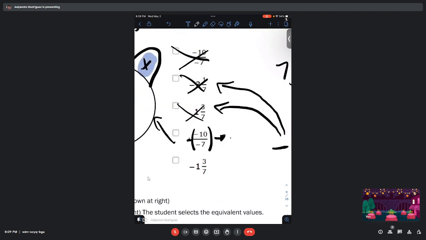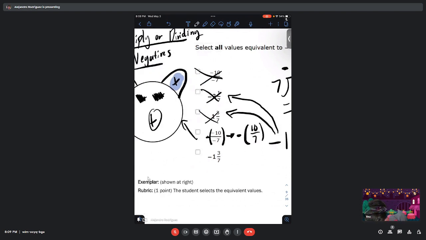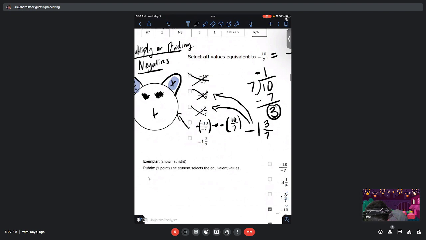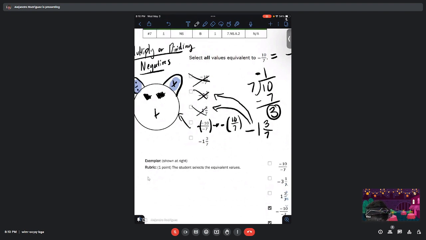So I got negative, and then -10 over -7 is the same as +10 over +7, because my final answer is going to be positive. And so we have -10 over 7, which is the same thing we had originally. So this is part of our answer set.